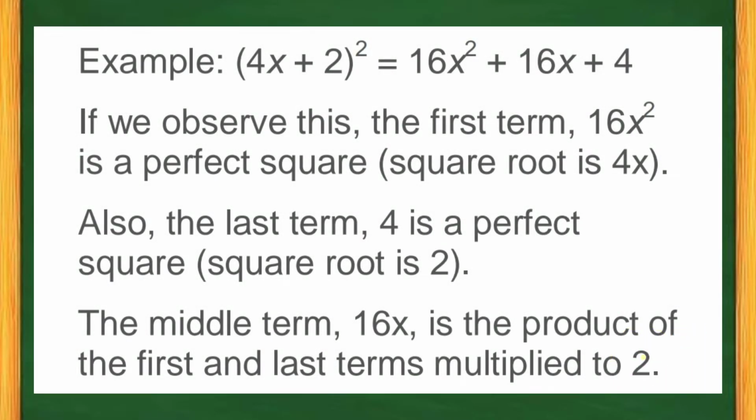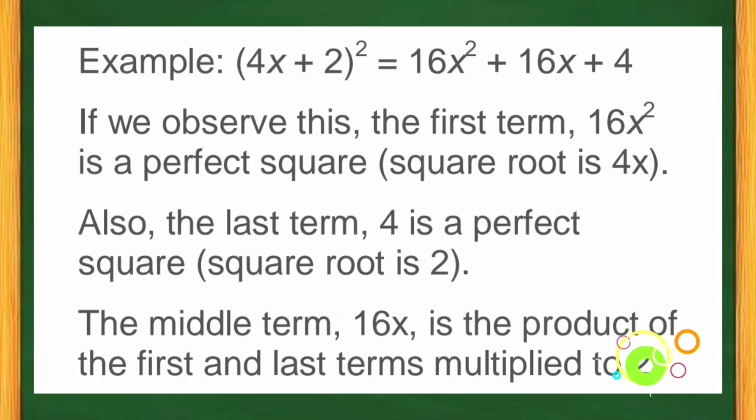For example, ang binomial mo ay 4x plus 2. Binomial yan kasi meron siyang dalawang terms. Ito times natin siya sa sarili niya, kaya naka-square yan. So 4x plus 2 times 4x plus 2, ang magiging sagot ay 16x squared plus 16x plus 4. Isang perfect square na trinomial.